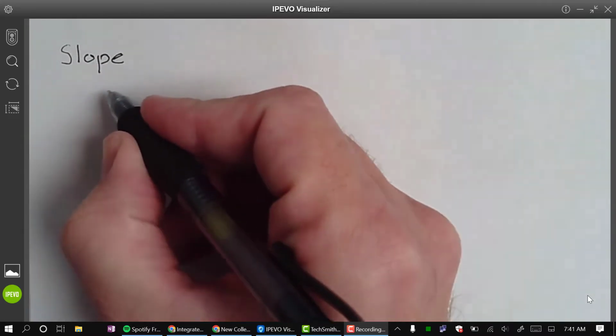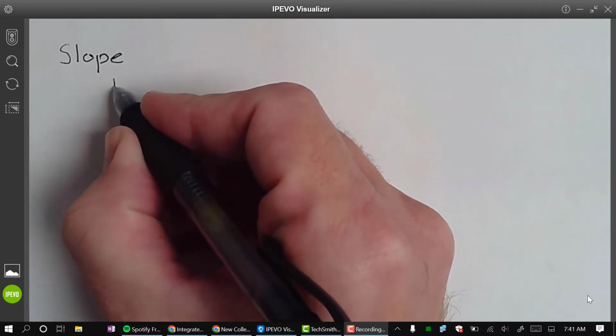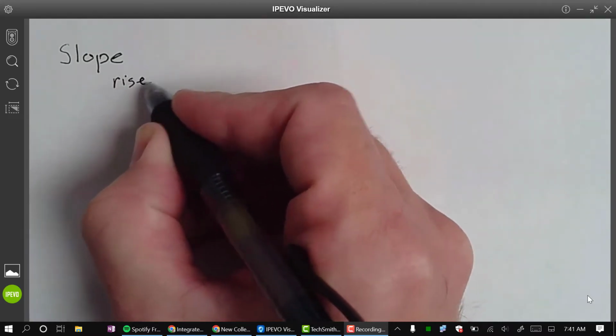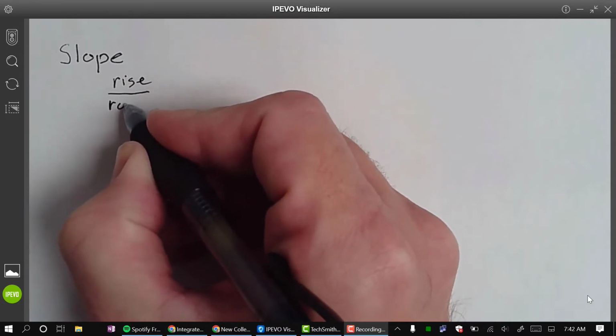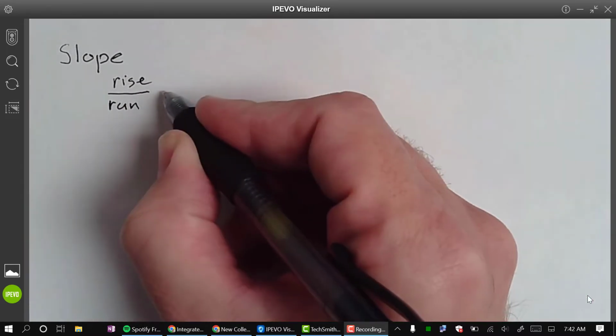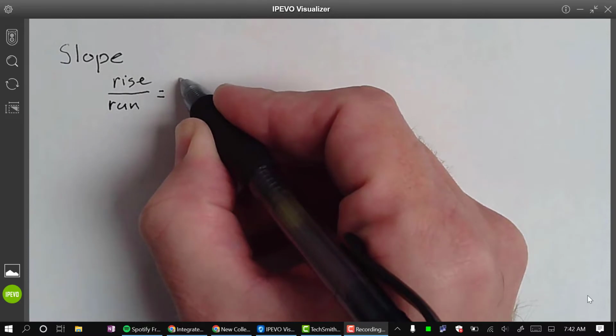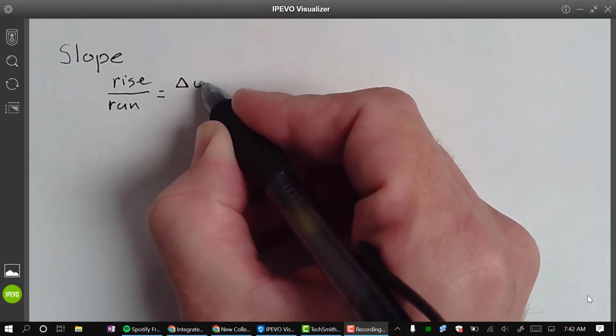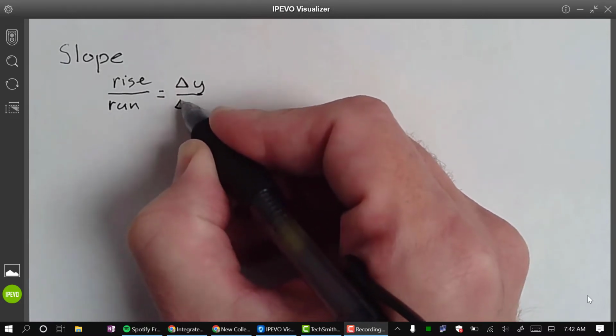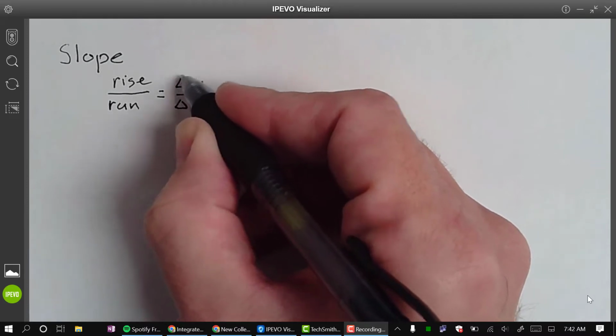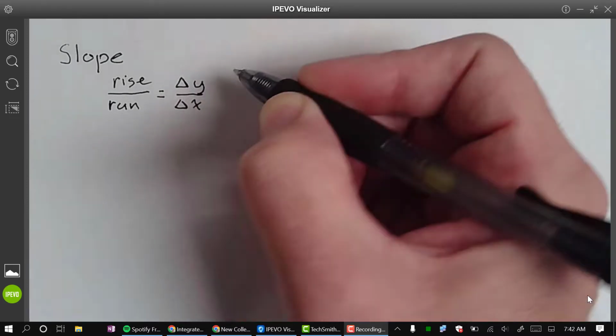So what is slope? Some people define slope as the rise over the run. The more common definition of slope is change in y over change in x. This is the Greek letter delta, which means change in.